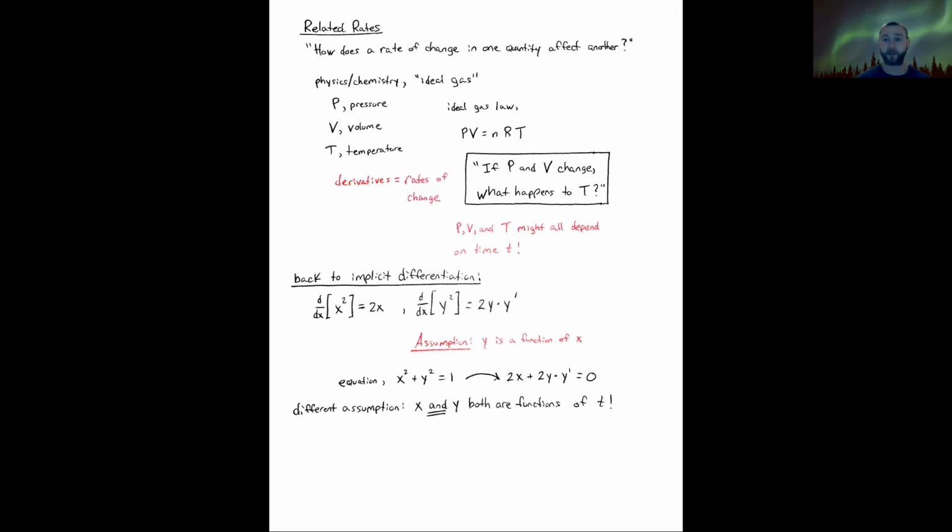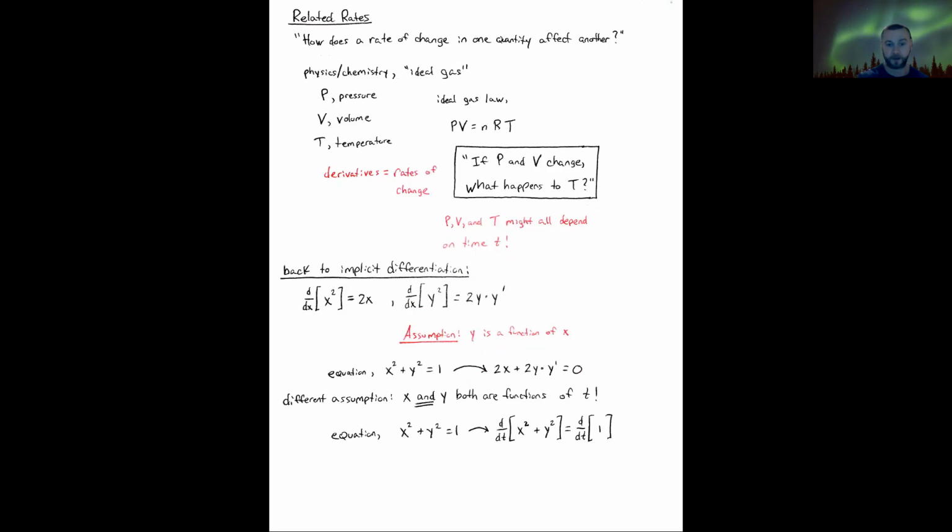Now for related rates problems, we're going to make a different assumption. Perhaps we have several variables, in this case x and y, and maybe both of them are functions of some other variable, usually time, t. Now if we encounter the same equation, x squared plus y squared equals 1, with this assumption, we apply implicit differentiation with respect to t, but now notice both x and y are functions of t.